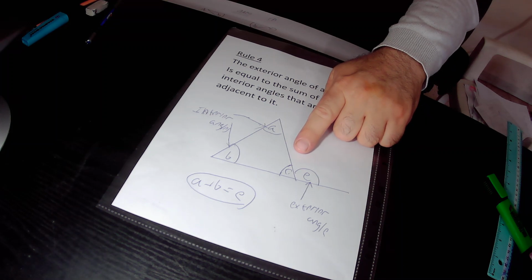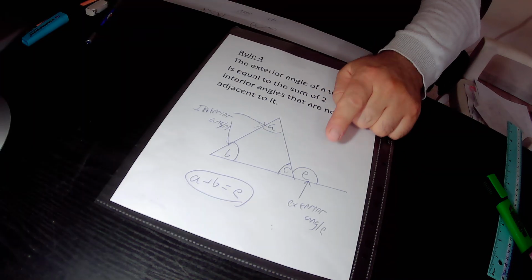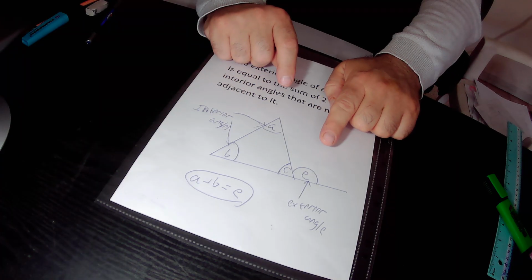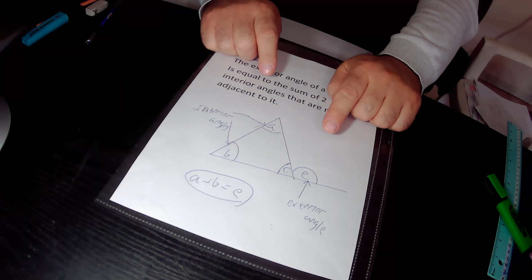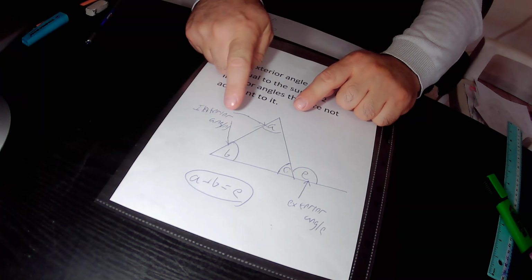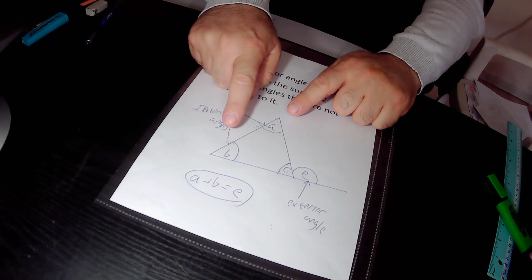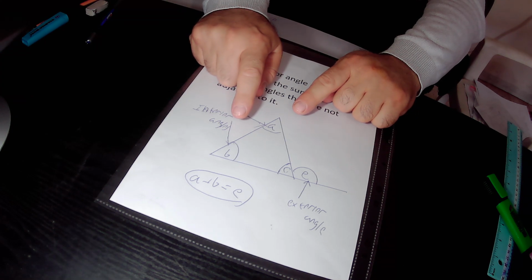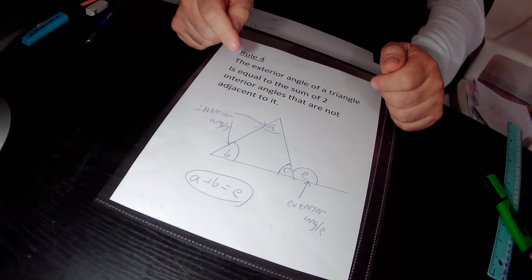This is angle C that is adjacent to angle E, and the two other angles that are not adjacent to angle E are A and B. So the size of angle E is equal to A plus B. Well, because the size of the external angle E equals the sum of the two interior angles that are not adjacent to it, which are A and B. Therefore, the external angle E equals A plus B degrees in its size. So we can actually implement rule 4 in our drawing.